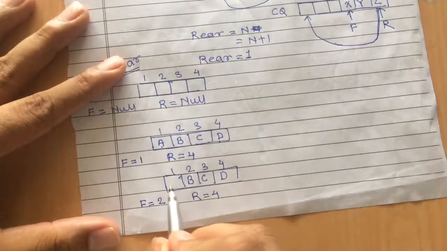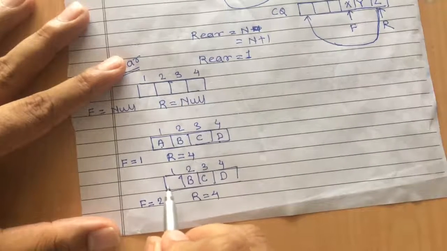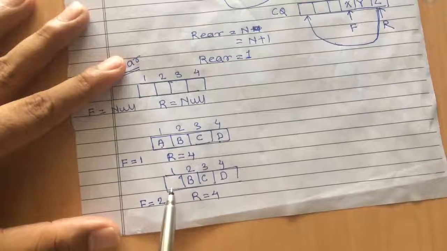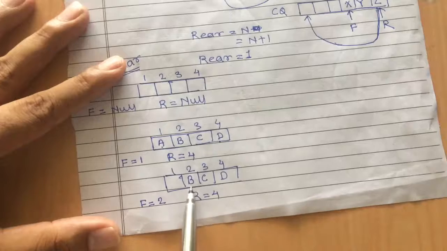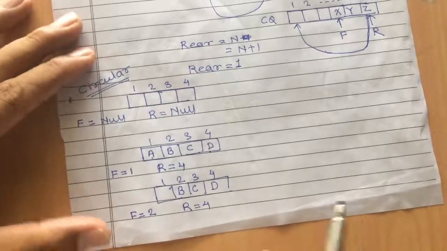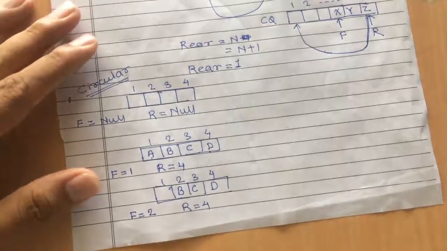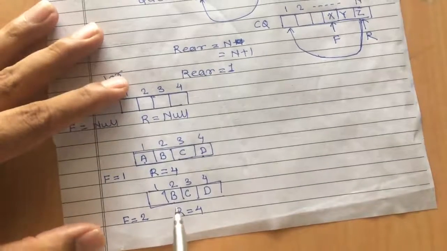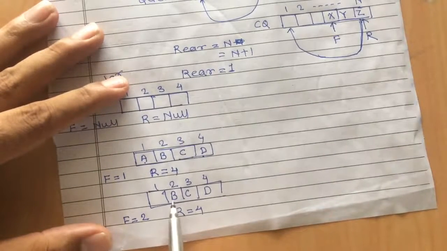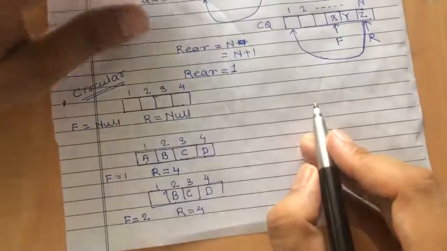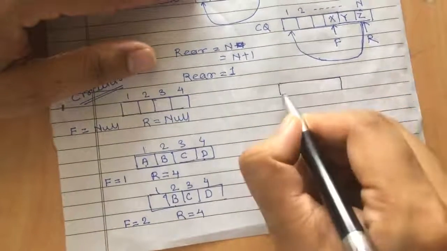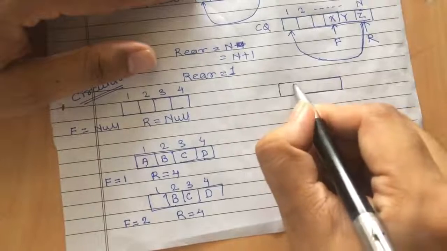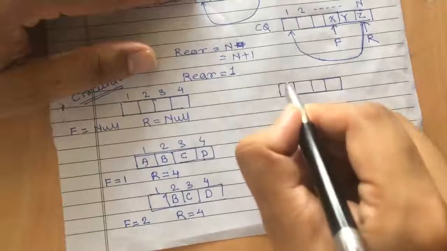As I said, deletion takes place from the front end. Once we remove one element, we have to increase the value of front by 1, so front will point to the next location. Right. Now again, suppose I remove two elements, B and C. Just remember this is our circular queue.